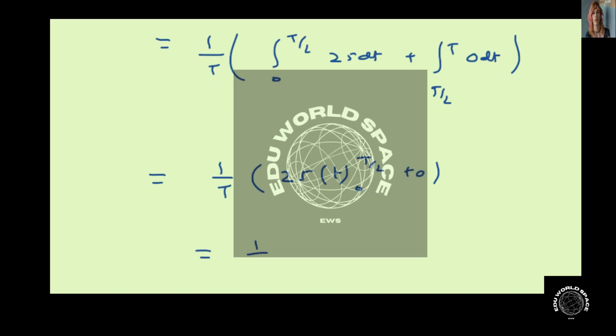So it will be equal to 1 by T multiplication 25 multiplication T by 2, that is equal to 12.5 mA. So this is the final value.